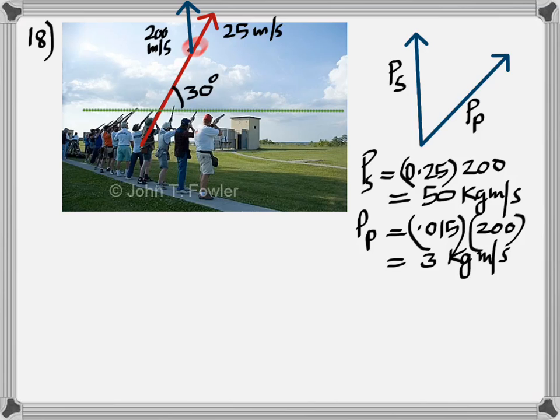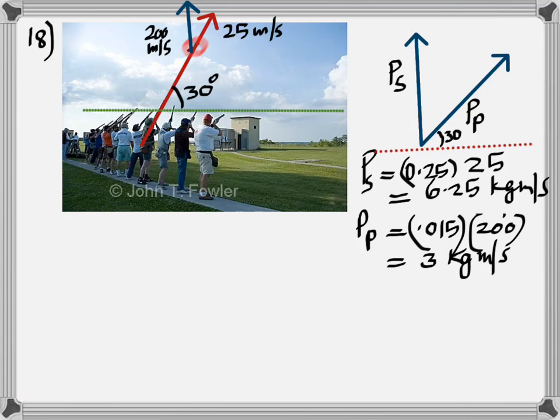The velocity of the skeet was actually 25 meters per second, so I messed up. Oh, I have to change all the calculations now. So that's going to be 0.25 times 25, which is, I believe, 6.25 kilogram meter per second. Okay, so I have to change all of those. And the pellet is 3 kilogram meter per second.